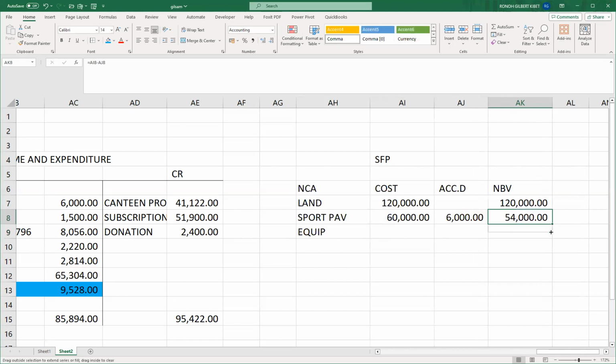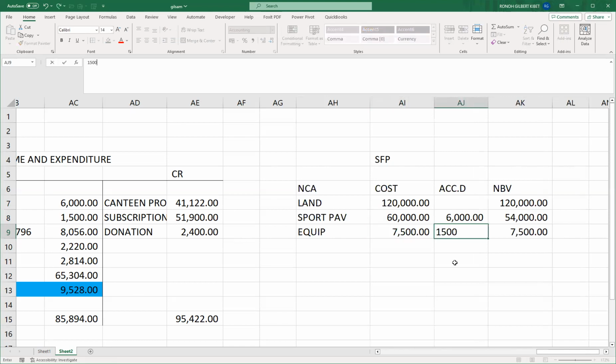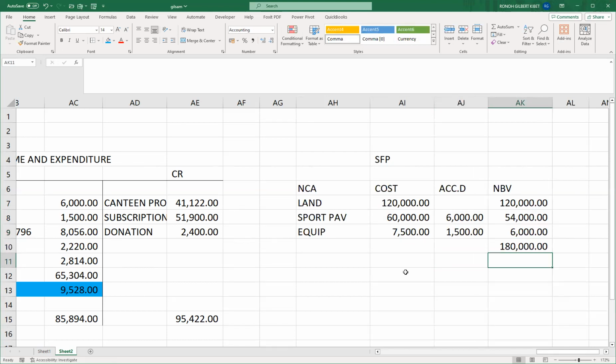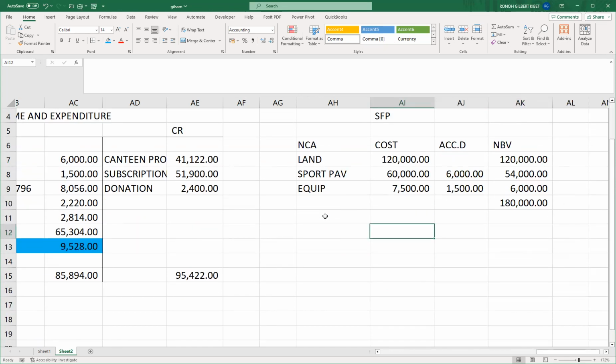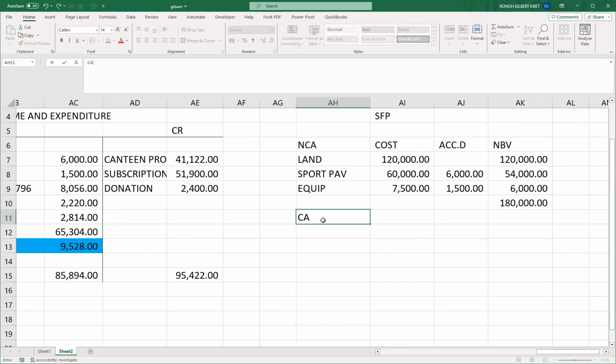Equipment is 1,500. So the total non-current assets is 180,000. Then we go to current assets. We have bank.